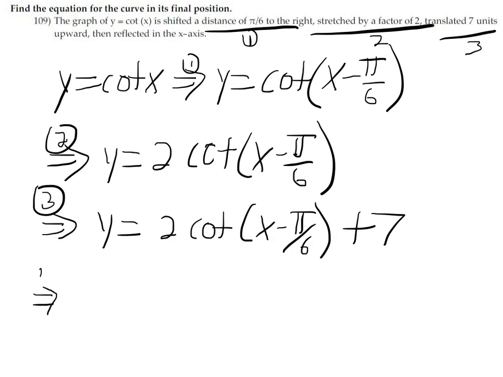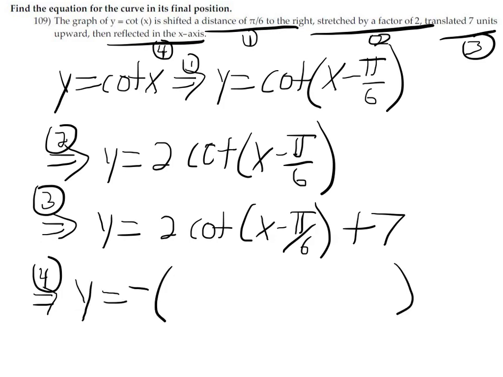And finally, the fourth thing, reflected in the x-axis direction, that would be y equals, you put a negative out in front of the whole thing when you do an x reflection. You change the whole function.